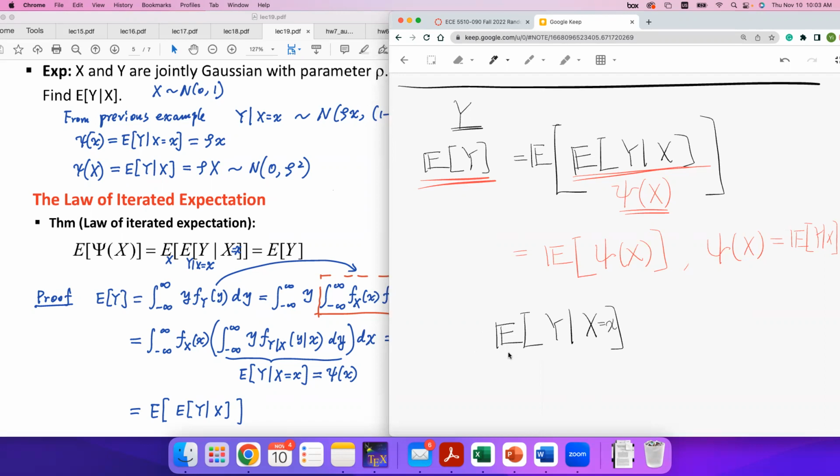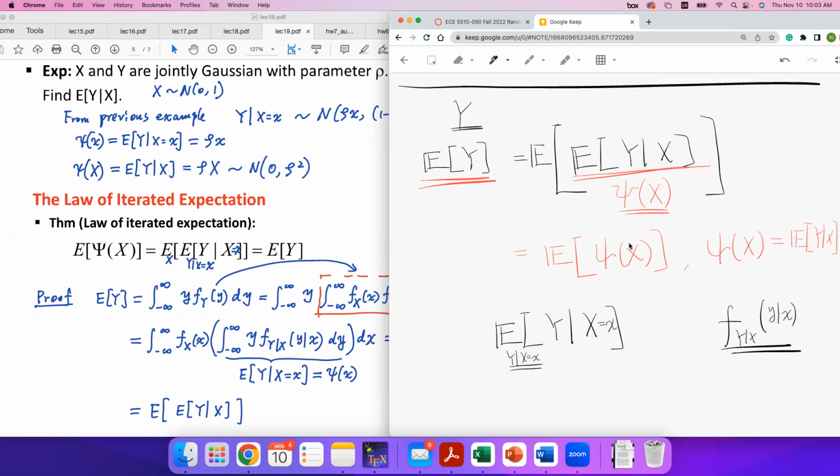And here the expectation is taken over y given this realization, because in the end we will be using the conditional density. We will use this density to compute this conditional expectation.